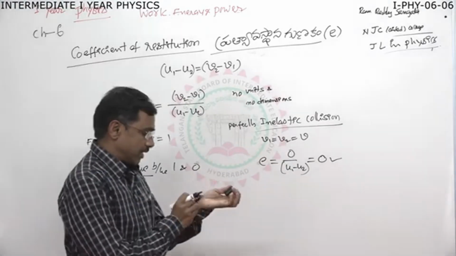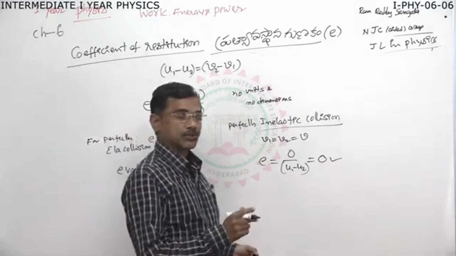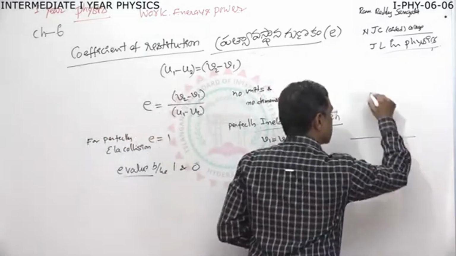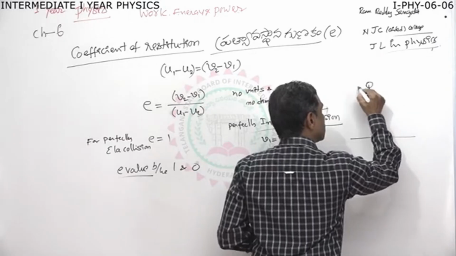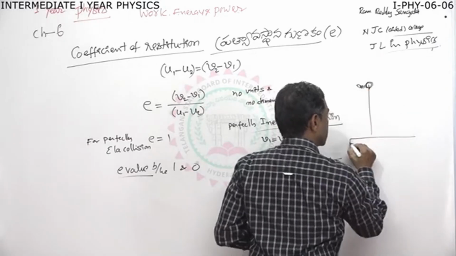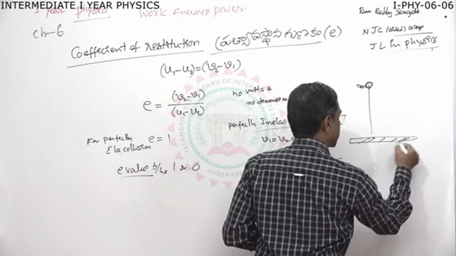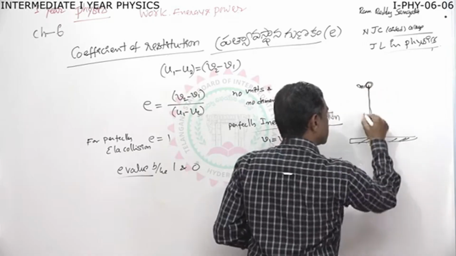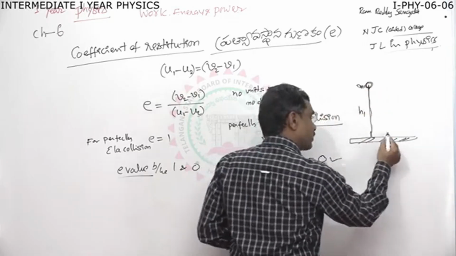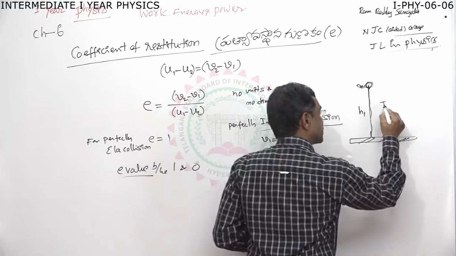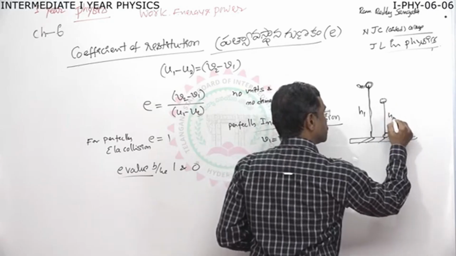This simple mathematical expression is there. Suppose one object M1 in spherical shape, the second object is a huge plate. It collides from a height h1, then rebounds and rises to some height h2, right?